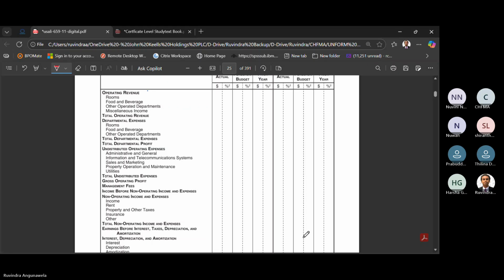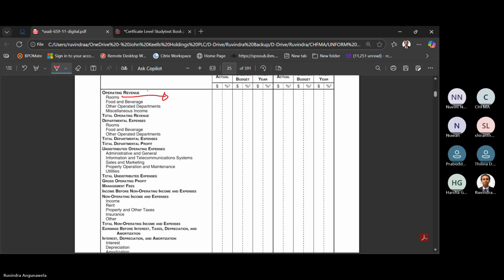So the first item that you see here is basically the revenue generated from our rooms. How many rooms do you sell at what rate? And there you go, the rooms revenue. And this rooms revenue is generated mainly from the two front-end departments, front office and housekeeping. They're the ones who are selling the rooms. Okay, so the rooms department.